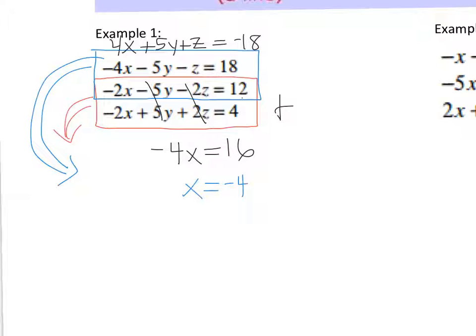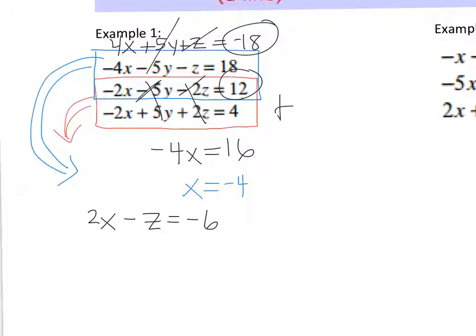I'm going to take this equation and this equation and add them together to get a new equation. 4x and negative 2x adds up to 2x. The y's will cancel out. And then I'll have z minus 2z, so it's minus z equals negative 18 plus 12, which adds up to negative 6.